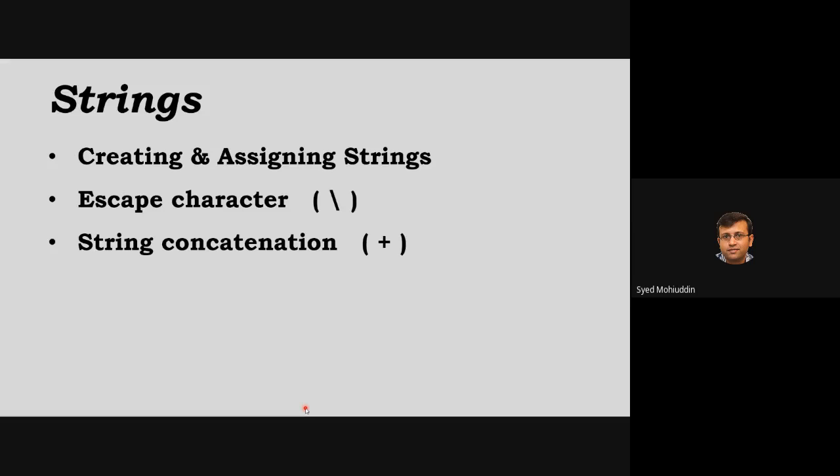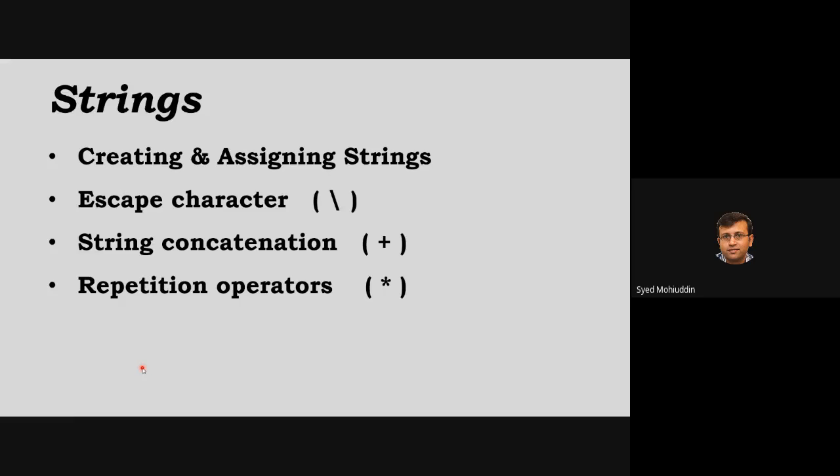So 10 has to be converted into a string using the str function, and then it can be concatenated with the previous value. So always remember, for a concatenation operation, both the operands should be strings.